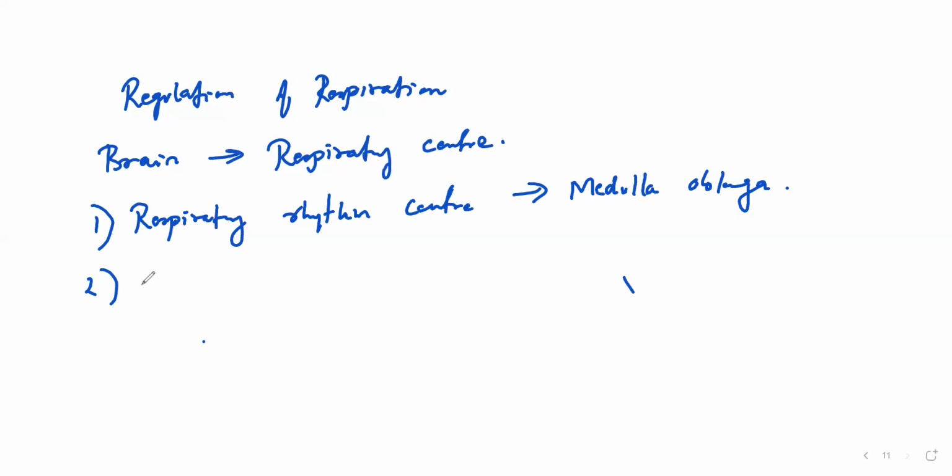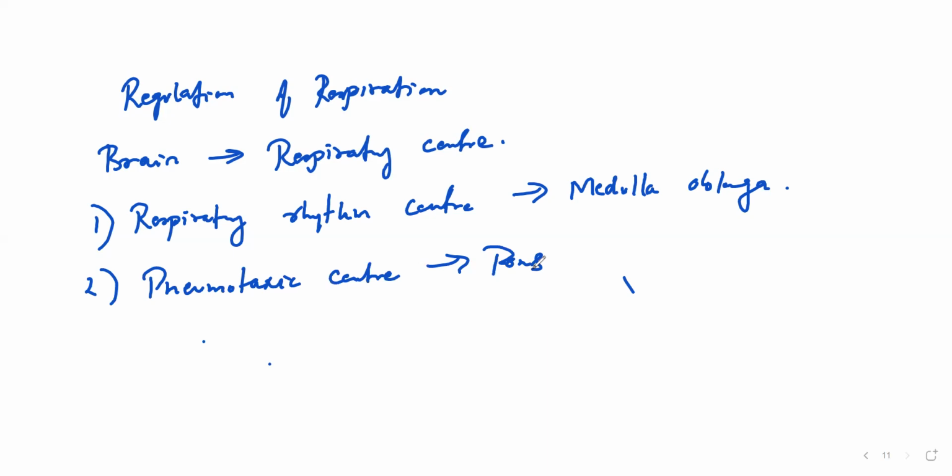Second is called the pneumotaxic center. This is present in the pons part. Here, moderately, it will act as a respiratory rhythm center.